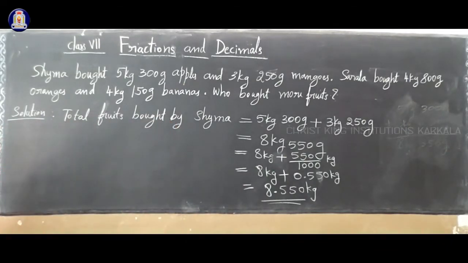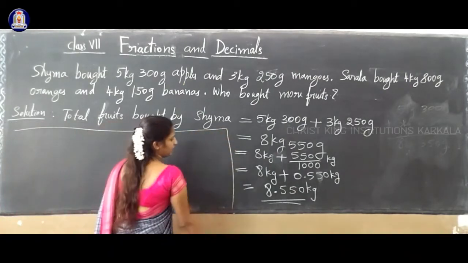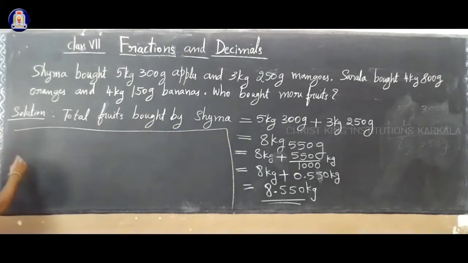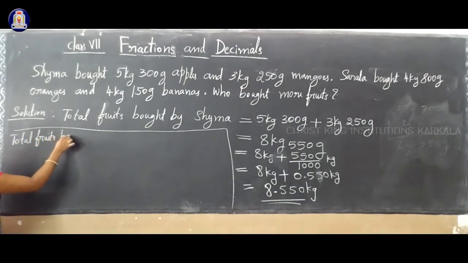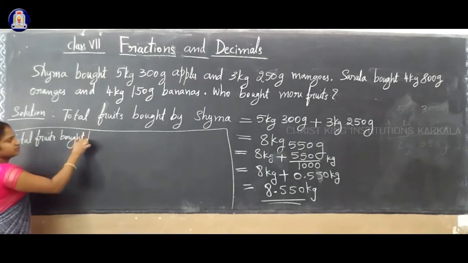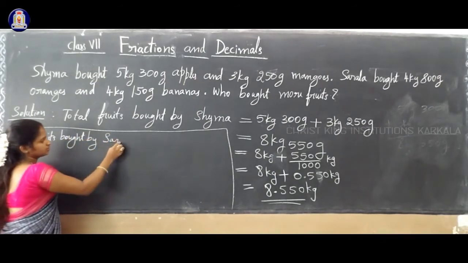Now you have to find total fruits bought by Sarala. Clear? So now this is the answer. Now you have to compare. I'll write here total fruits bought by Sarala.